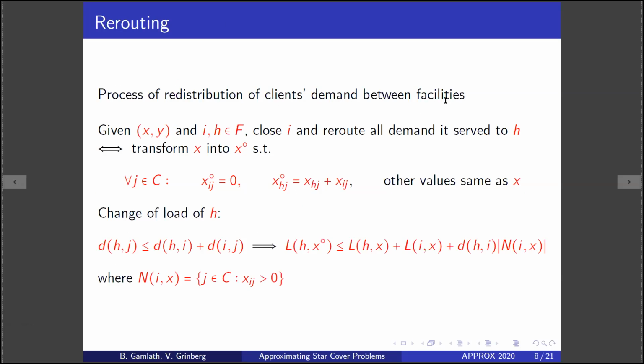We can upper bound the change of the load of h using the triangle inequality. It will be at most the sum of previous loads of h and i plus the distance between the facilities times the number of rerouted clients.